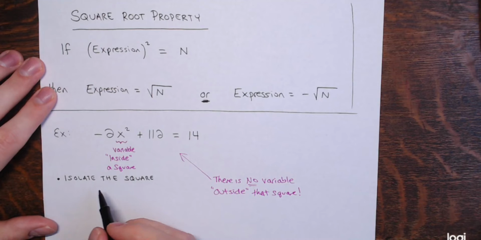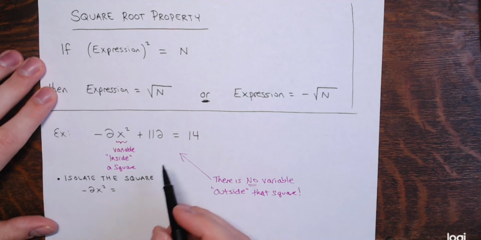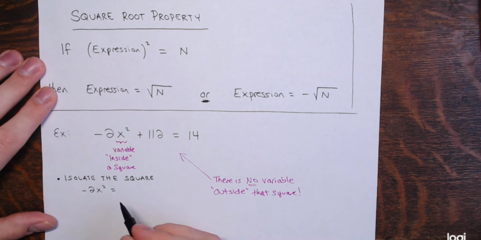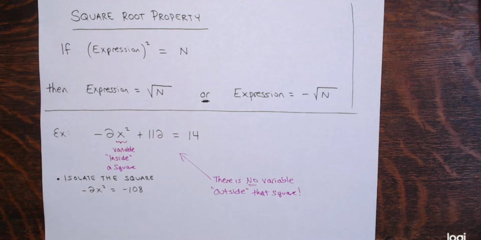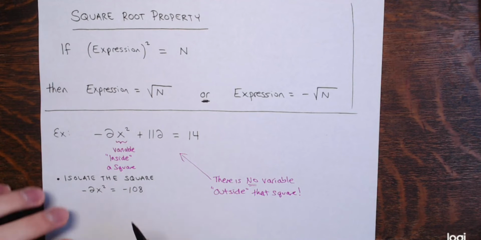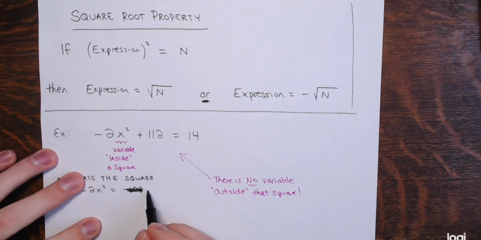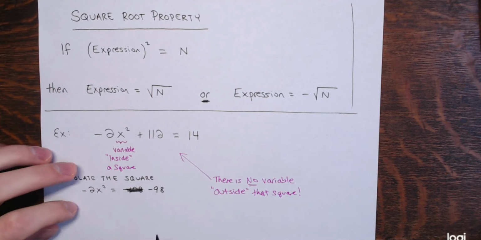So we'd have negative 2x squared equals, and then 14 minus 112 would be negative 108. Oh, no, negative 98. Sorry, I caught my mistake there. Yeah, 14 minus 112 would be negative 98.